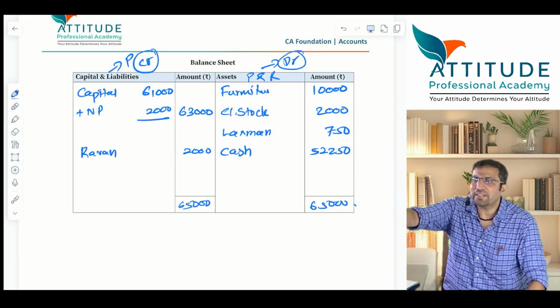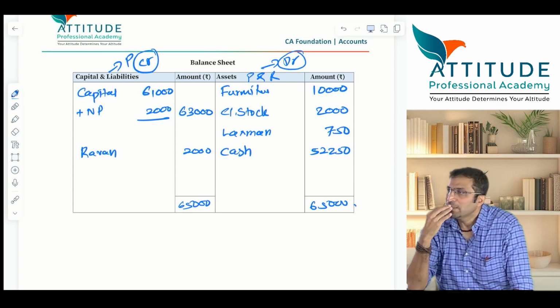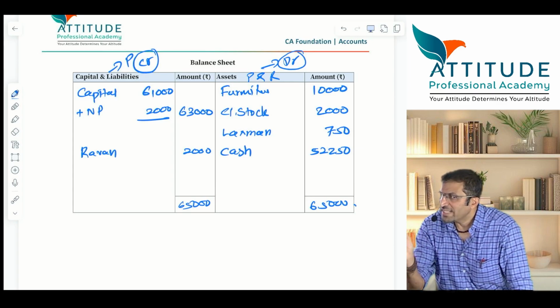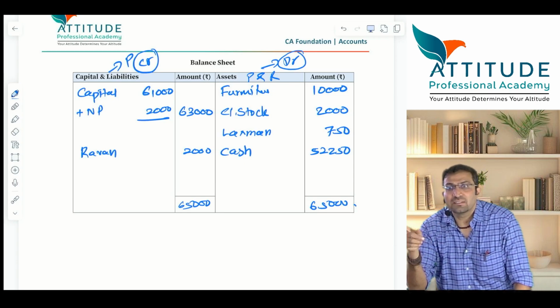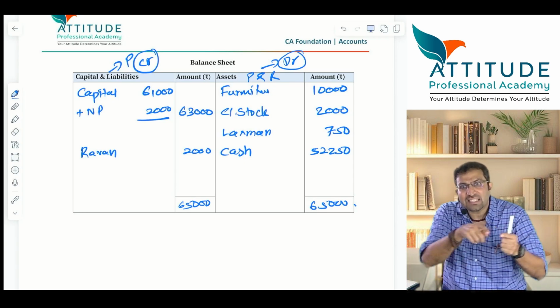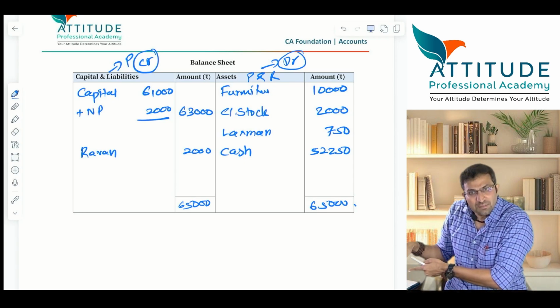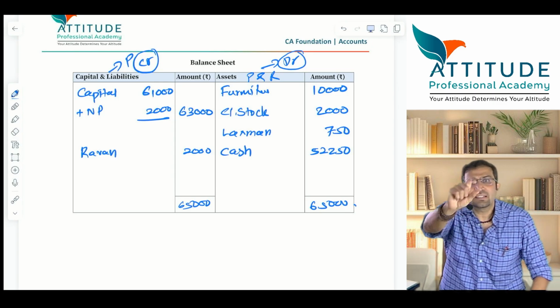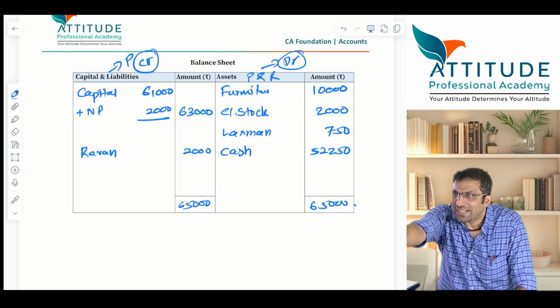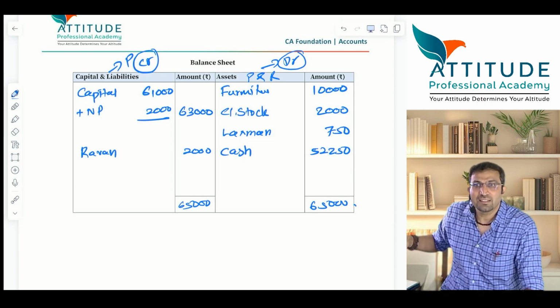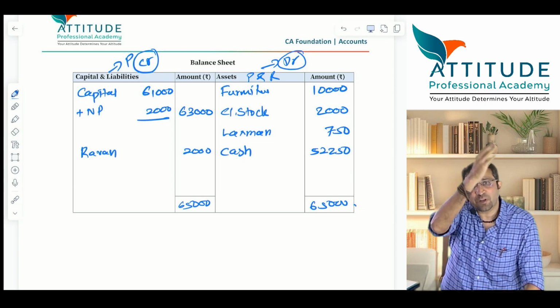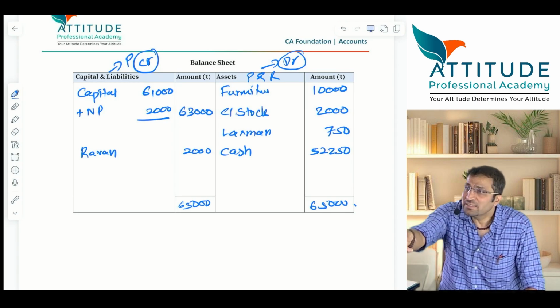Now wait. Sir, 2 days back or 3 days back, you have done accounting equation. And directly from transaction we prepared what? Directly with the help of the transaction you prepared the balance sheet or no? Then why all this drama? It means that directly from transaction we can prepare.